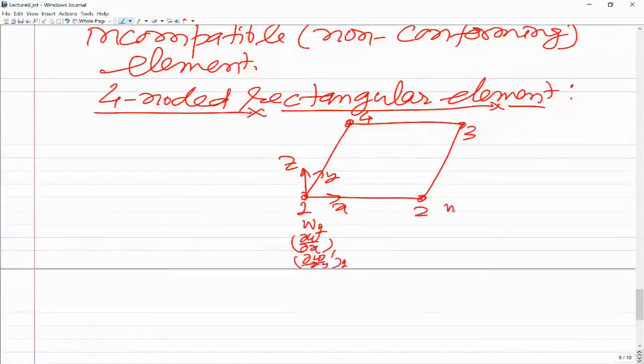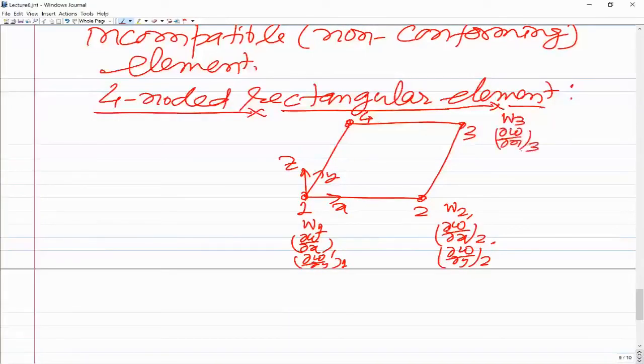Similarly at node 2, W2, del W by del X at 2, del W by del Y at 2. We require these as the degrees of freedom at the nodes. Similarly at node 3 you require W3, del W by del X at 3 and del W by del Y at 3, and similarly at 4.